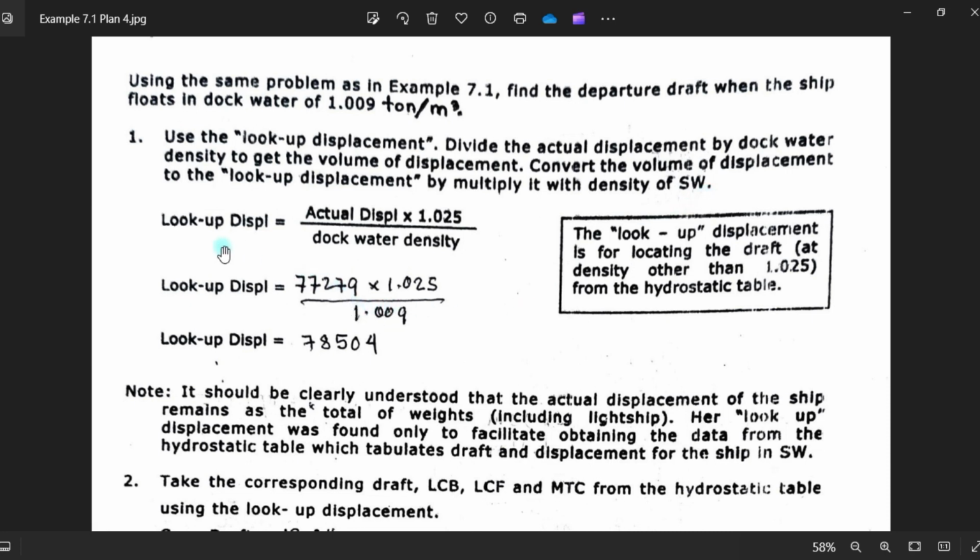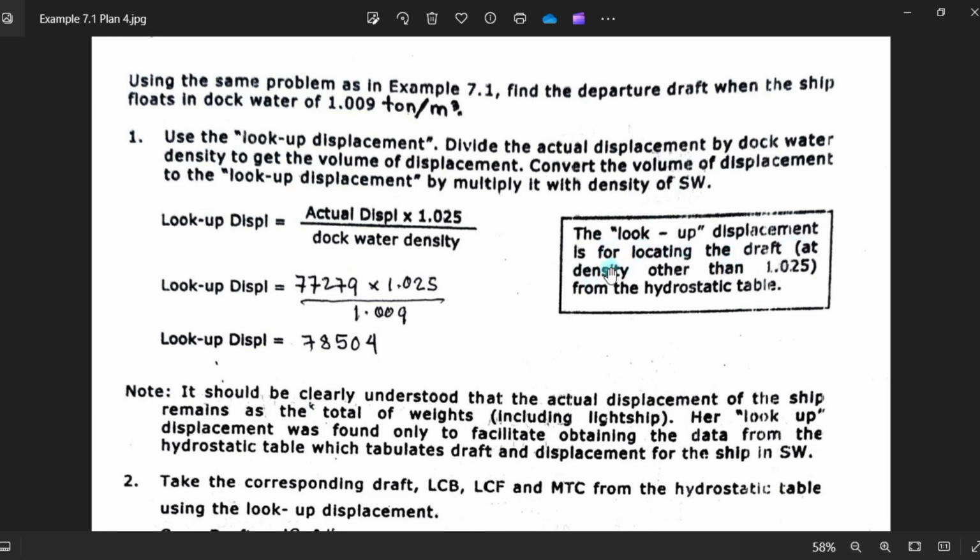So the formula is: lookup displacement equals the actual displacement, which is 77279, times salt water density over dock water density.